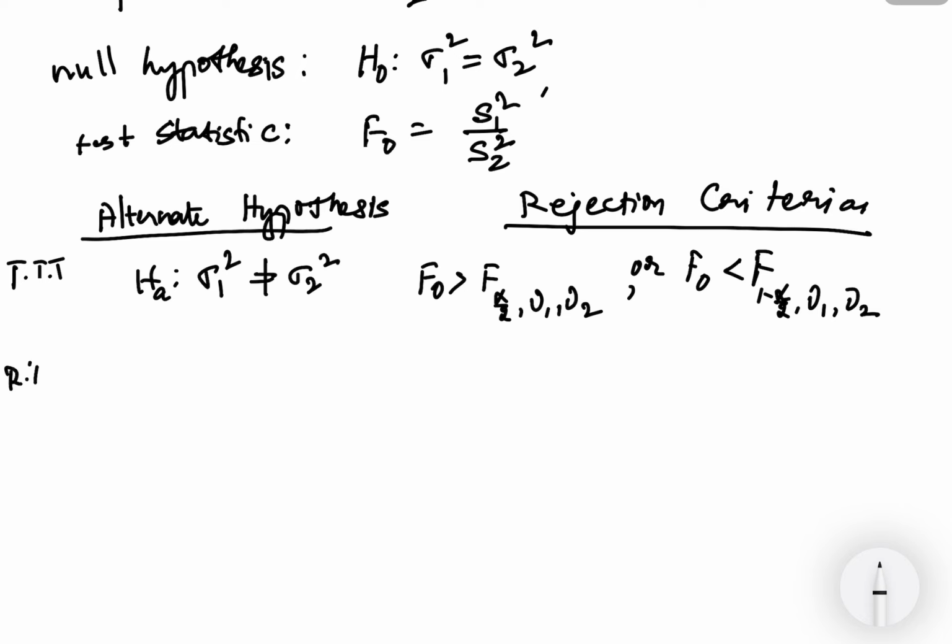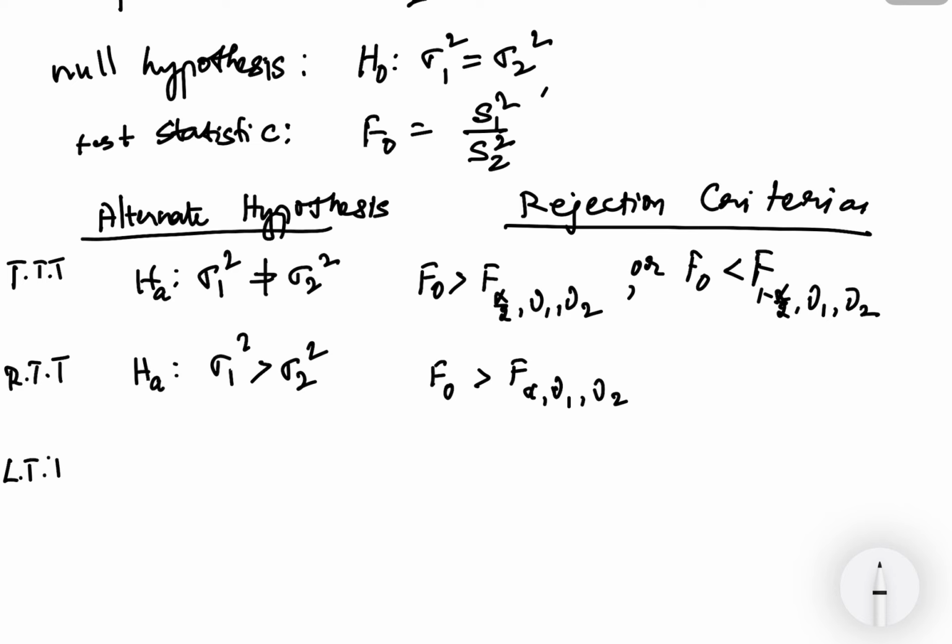For a right-tailed test, the alternate hypothesis is sigma1 square greater than sigma2 square, and the rejection criteria would be F naught greater than F alpha, nu1, nu2. That is, if F naught is greater than the critical value at alpha level of significance and nu1, nu2 degrees of freedom, then we are going to reject the null hypothesis.